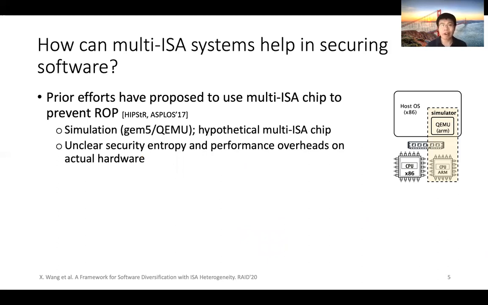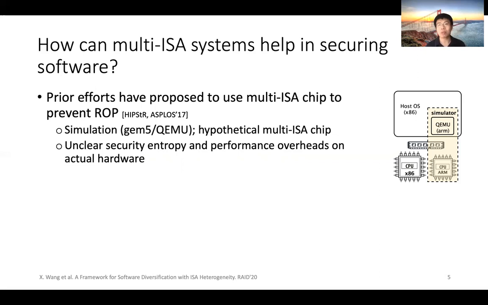There are some prior efforts. Those works have proposed to use a multi-ISA chip to prevent ROP attacks, return-oriented programming. For example, Hipster, a work at S&P 17, used gem5 to simulate a multi-ISA chip.